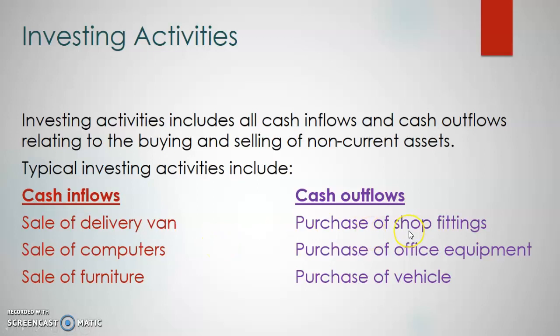Purchase of shop fittings, purchase of furniture, purchase of office equipment, any computer, furniture, printer. These are my office equipment. When I purchase them, they are my cash outflows because I'm paying the money, right? Purchase of vehicle. When I buy a vehicle for the business, I use it for a few years, right? So that is a cash outflow of your business. These are some of the items that are related to investing activities.